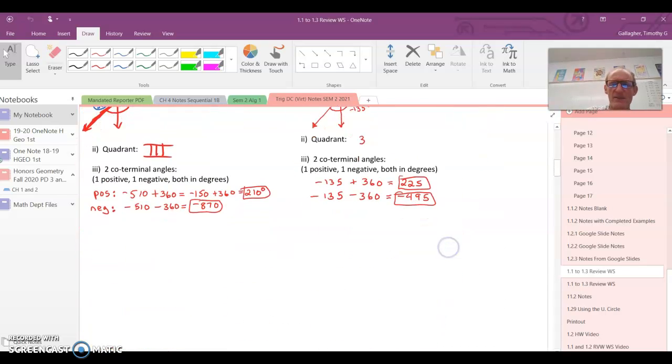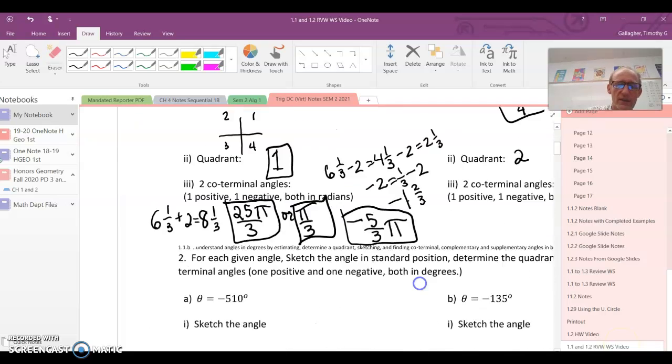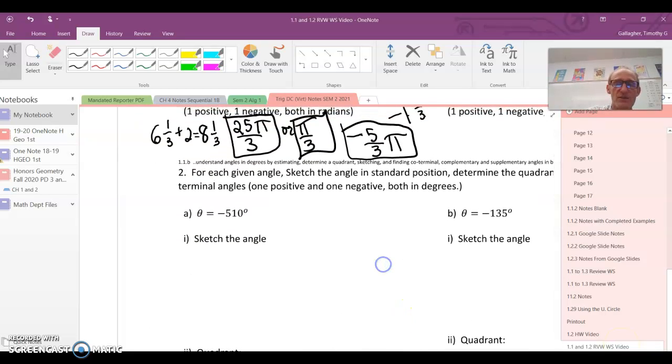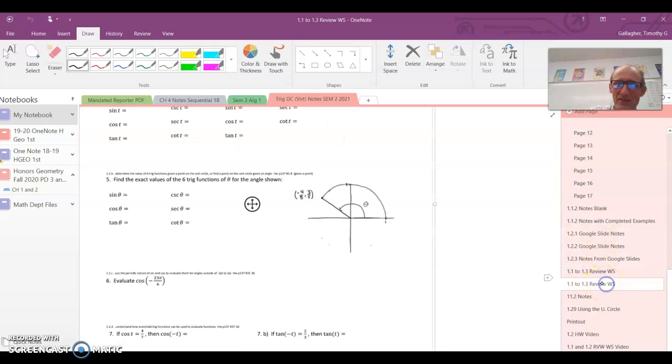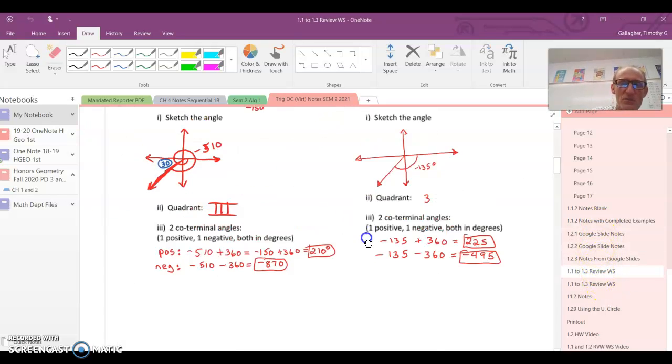Moving on then to the degree measure. It really works the same way. 360 degrees is equal to 2 pi, so you go once around. So negative 510, minus another 360, another 270. Let me look at the answer key for that one. The math on that is the adding and subtracting business.